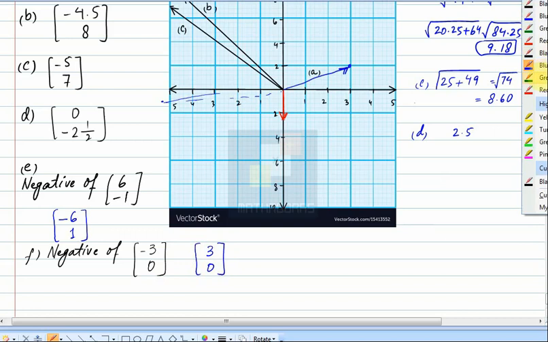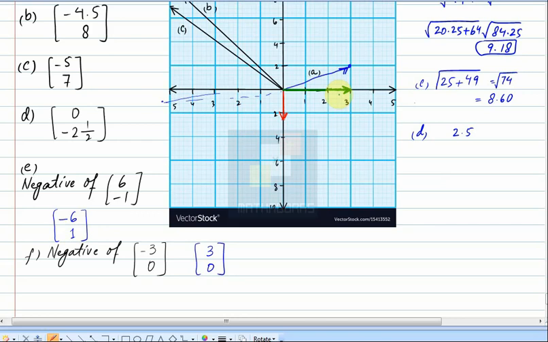So the final answer, if I draw it on the graph, is 3 and 0, meaning 3 on the positive x-axis, right? So that is 3 units on the positive x-axis, and there is no movement on the y-axis, therefore it lies only on the x-axis, right? So that's how we plot from the column vectors, or extract data from the graph. That is one technique to find the column vector.